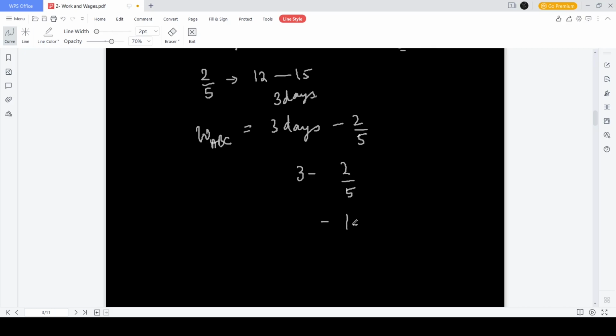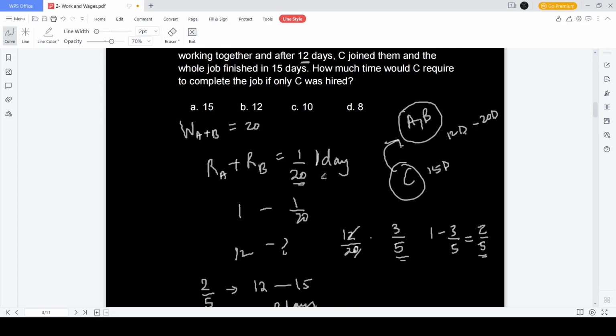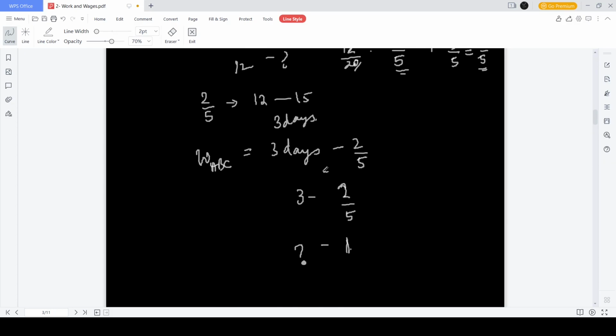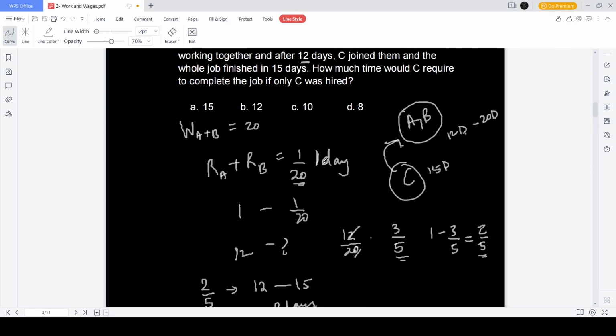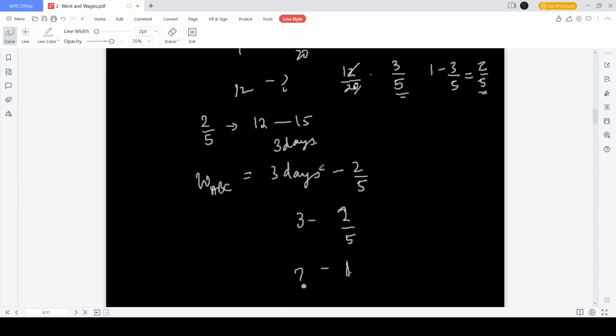So to finish the whole job, how many days does it take? 1 means the whole job. Okay, so once we find out how many days it takes, we can find out the rate of A plus rate of B plus rate of C. From the above equation, we know rate of A plus rate of B is 1 by 20. So we can find rate of C. If we find rate of C, we can find out the number of days that C takes to finish the whole job.